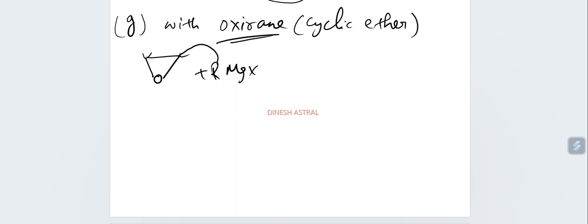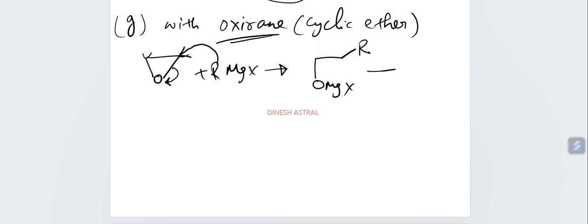This carbon will react with this. So this bond will break, where the electrons will be transferred to oxygen. So what do you get here? On this carbon, the carbon from the Grignard reagent, and this oxygen will bind up with this magnesium chloride.